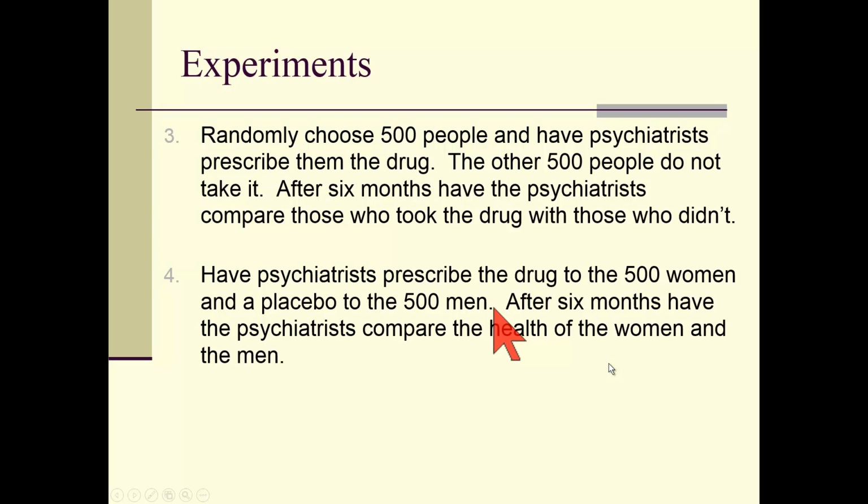Well, if you've read anything about depression and how it relates to gender, you know that women have, or at least report, higher incidence of depression than do men. And so gender is a lurking variable here, and that interferes with our ability to describe the impact of the drug. How do we know that it's the drug that's causing the effects versus gender? So there are big problems with this setup.